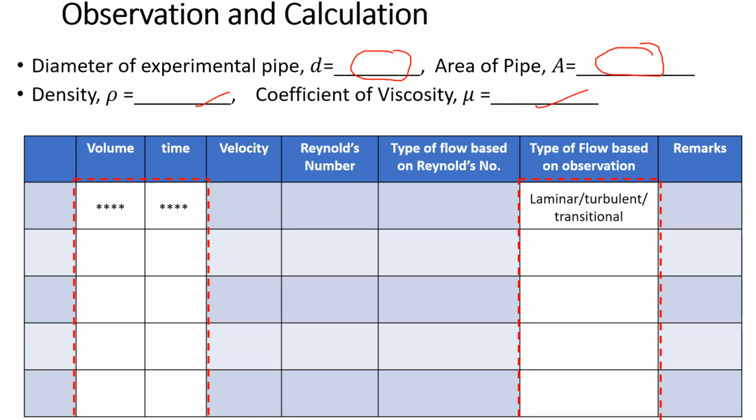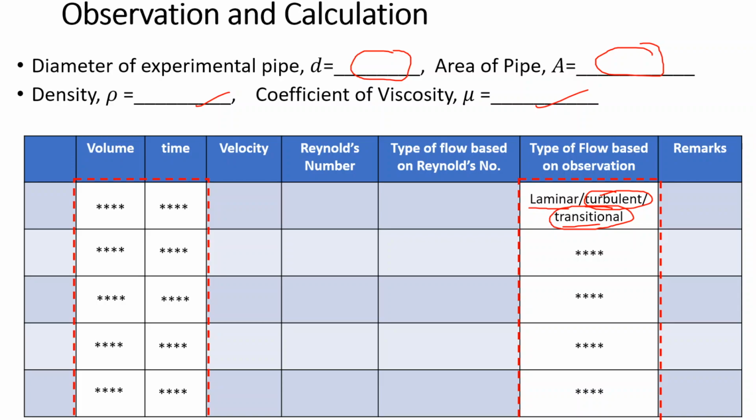So if the streak line remains straight, we'll call it laminar and note down here, or if it is completely mixed, it's turbulent, or if the streak line becomes zigzag, then we'll call it transitional flow. Then we'll conduct the experiment for different sets of discharge by adjusting that controlling valve, and for different flow rates we will conduct the experiments.